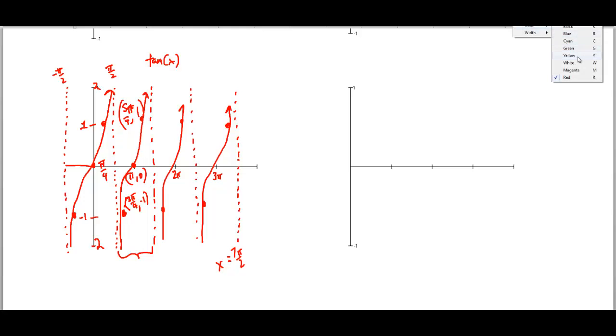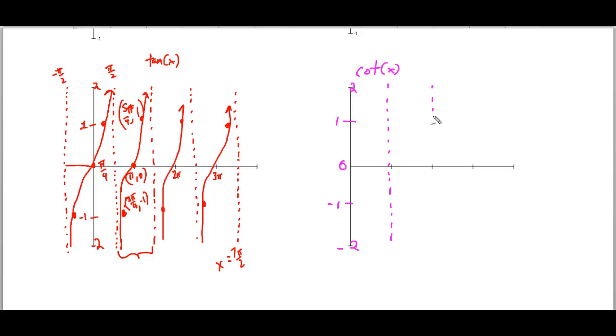All right, now we're going to deal with our last equation here, and this is going to be our cotangent of x. Set this up like we have 2, 1, 0, negative 1, negative 2. Now for these graphs, the asymptote lines are on the pi.